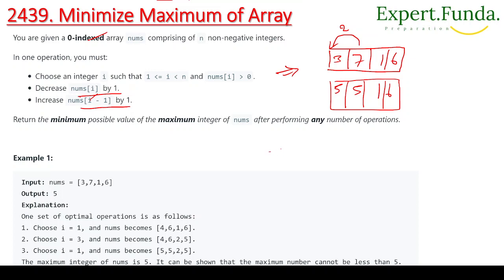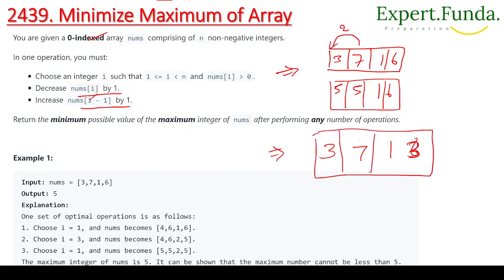Take another example, 3 7 1 6. Rather than 6, let's suppose this value is 3. Similarly, we'll perform two operations: decrease this nums[i] by 2, and now it will become 5 5 1 3.